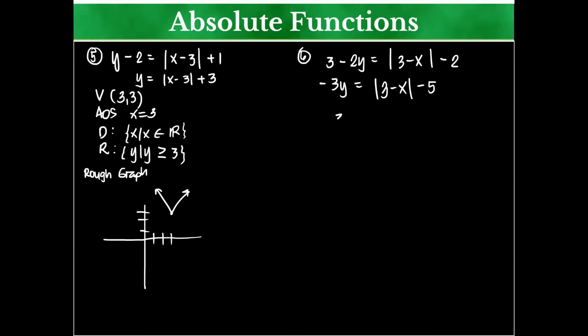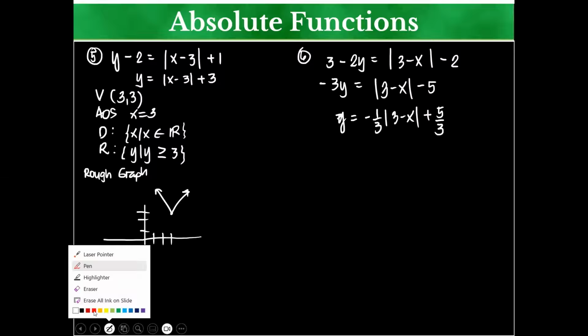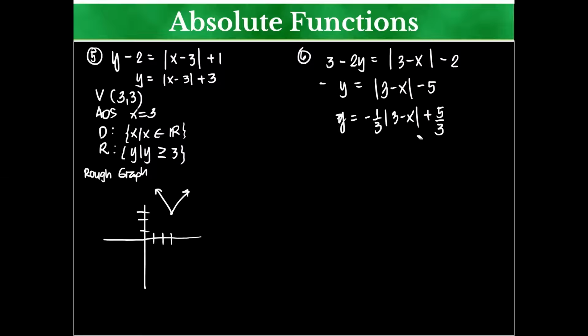So what I would do is y equals negative 1/3, 3 minus x, and then this is plus 5/3. Can you follow, guys? Ay, ba't naging 3? 2 pala yun. Sorry, sorry, sorry. 1/2. This is 5/2.